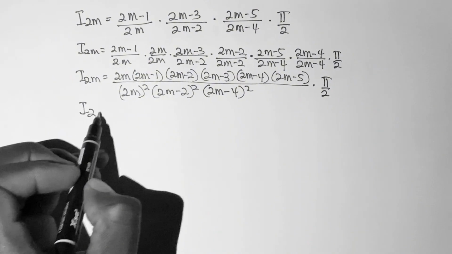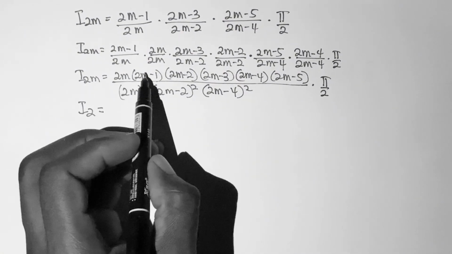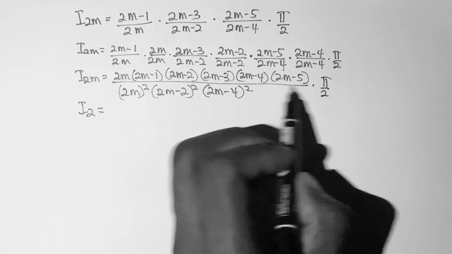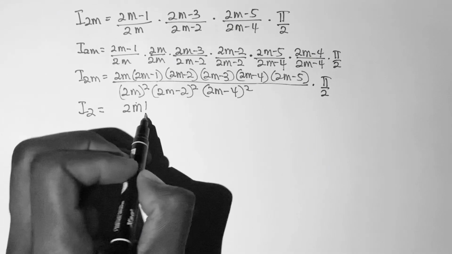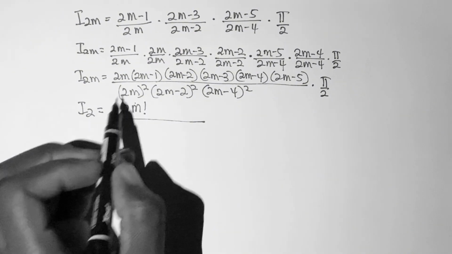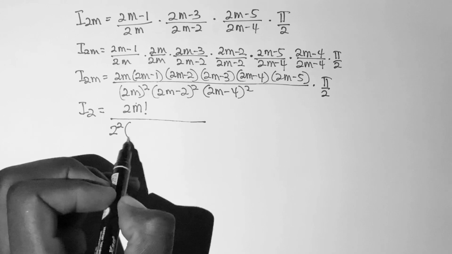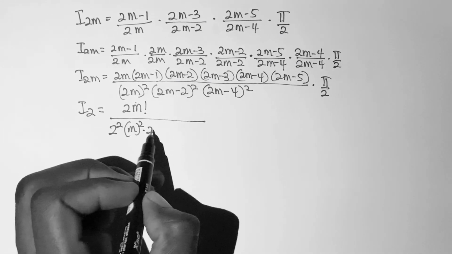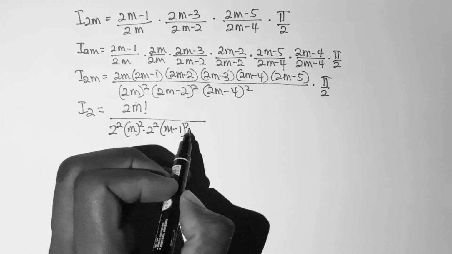So I of 2m is equal to, now see, here's 2m times 2m minus 1 times 2m minus 2 times 2m minus 3 times 2m minus 4 times 2m minus 5. And all of that is 2m factorial. All of that divided by, now let's pull out 2. So if you pull out 2, it becomes 2 squared times m squared. Then if you pull 2 out here, it becomes 2 squared times m minus 1 squared.